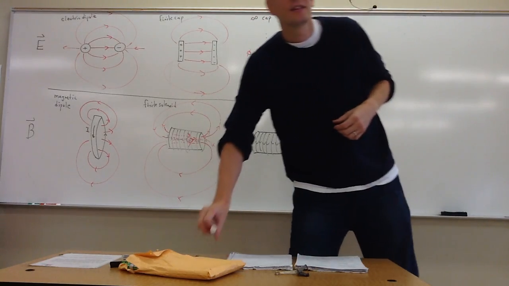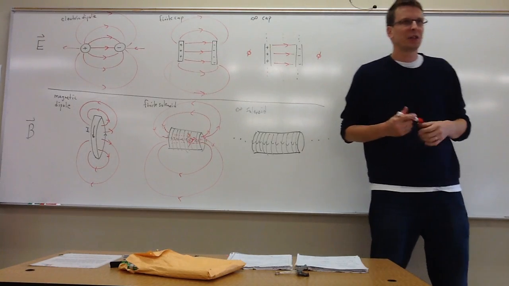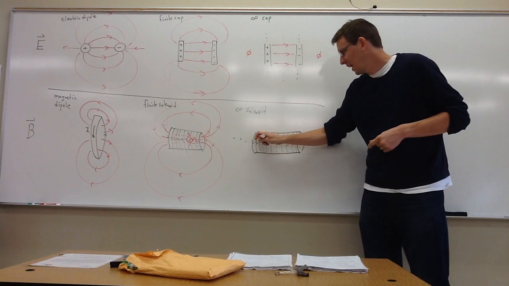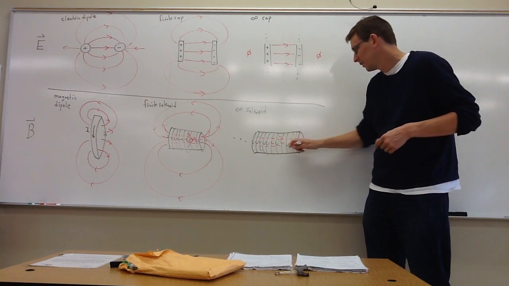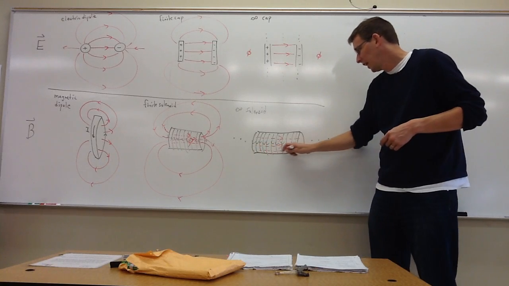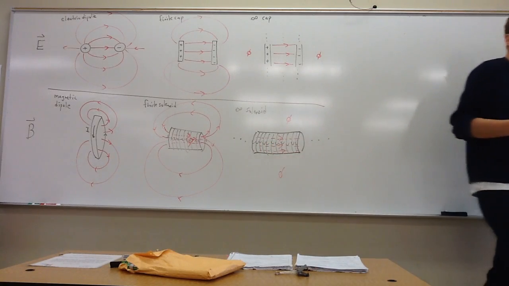Well, it's highly analogous to the infinite cap in the sense that what is approximately uniform in the interior becomes exactly uniform. So the magnetic field in the interior just looks like this. And on the outsides, it's zero.